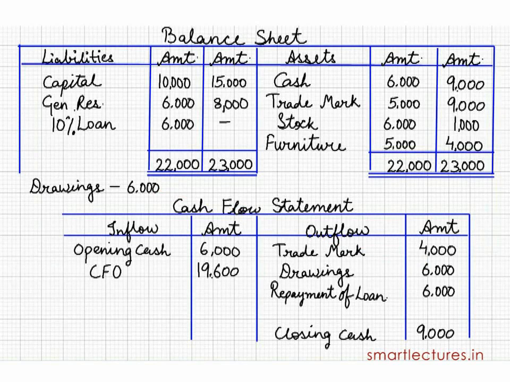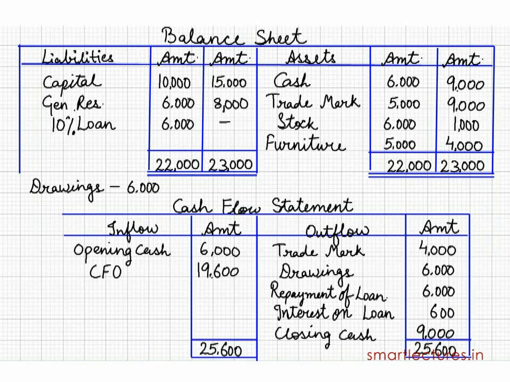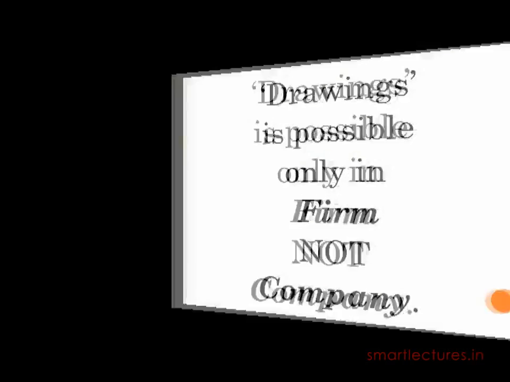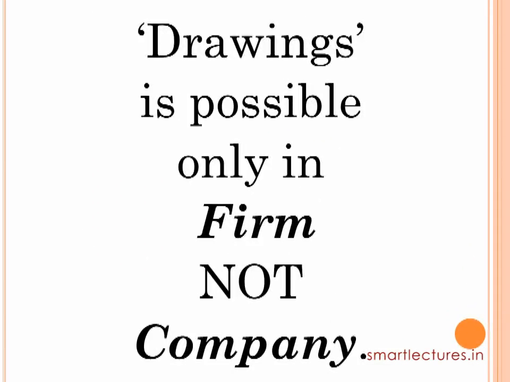One thing more, the firm has paid 600 as interest. This is cash, and this is a financing activity. It is written individually in the cash flow statement. So on the outflow side, interest on long-term loan, rupees 600. So the total on both sides is 25,600 rupees. It means my question is all right.